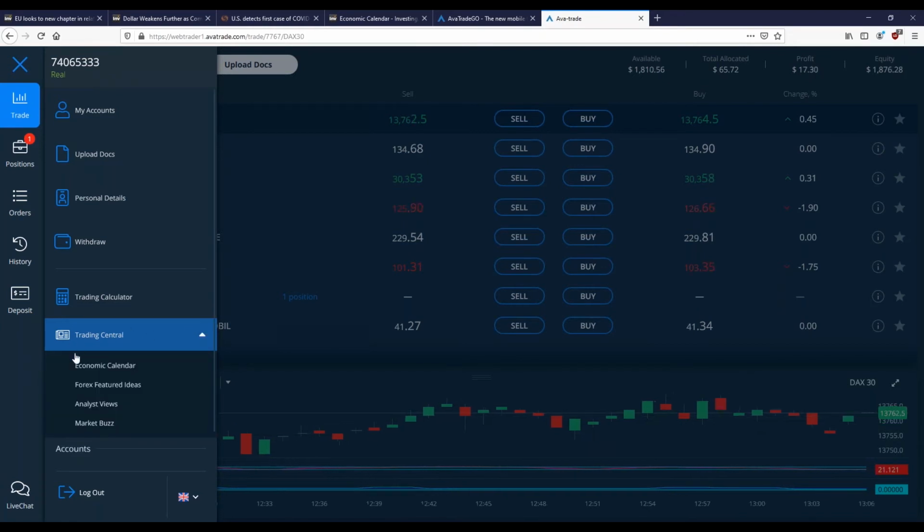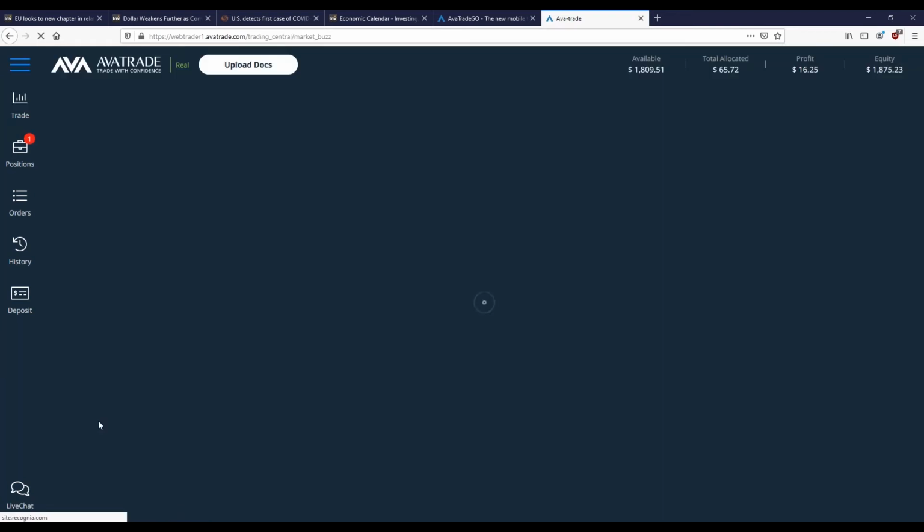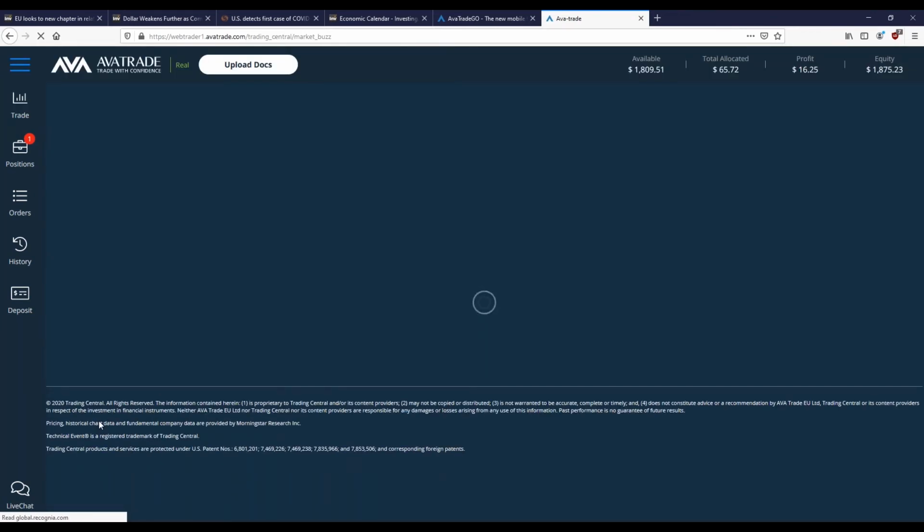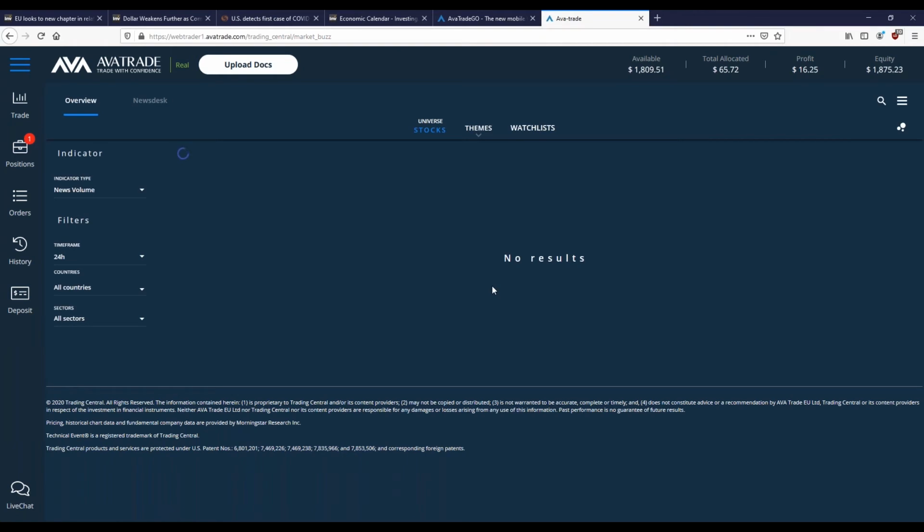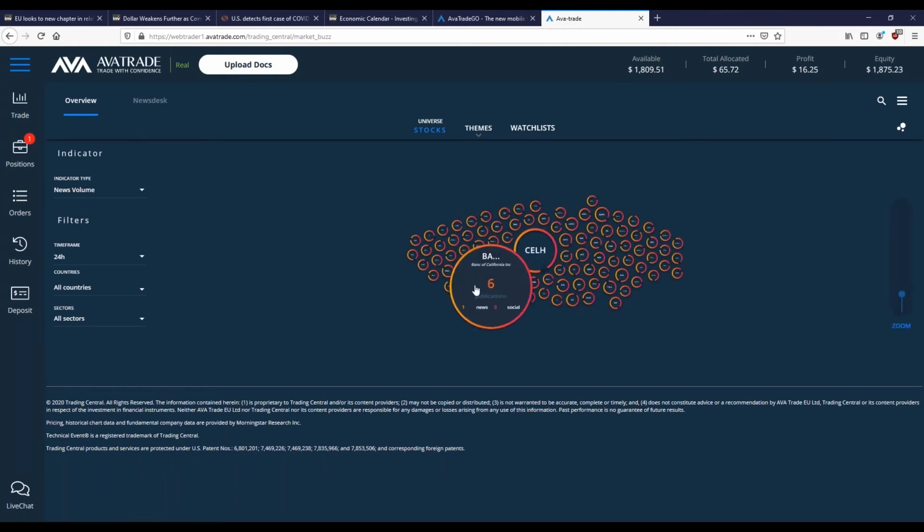Even in a demo account, you'll see the economic calendar from your demo account, but on only live accounts, you can use the more advanced tools from Trading Central. So once you open your live account, you'll be able to see, for example, Market Buzz, which brings fundamental news to you for the most trending assets.